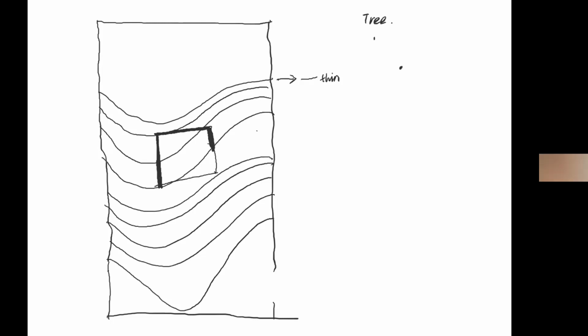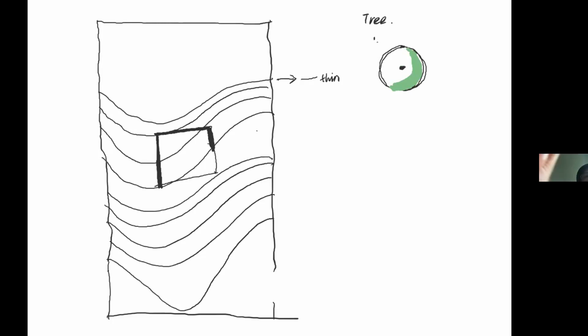The simplest way is to draw the tree trunk in the middle and draw a circle. You can also use color to highlight the trees right here, or you can simply use lines to represent it.